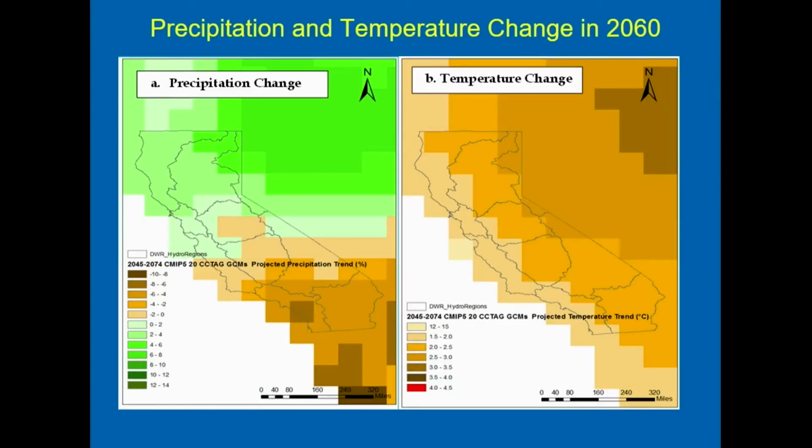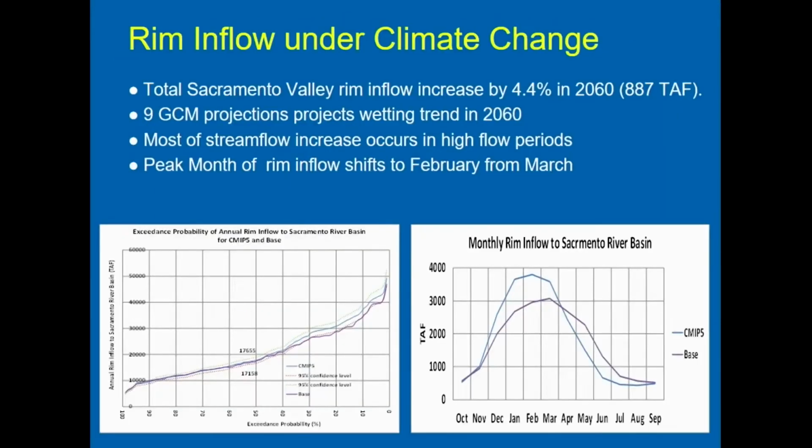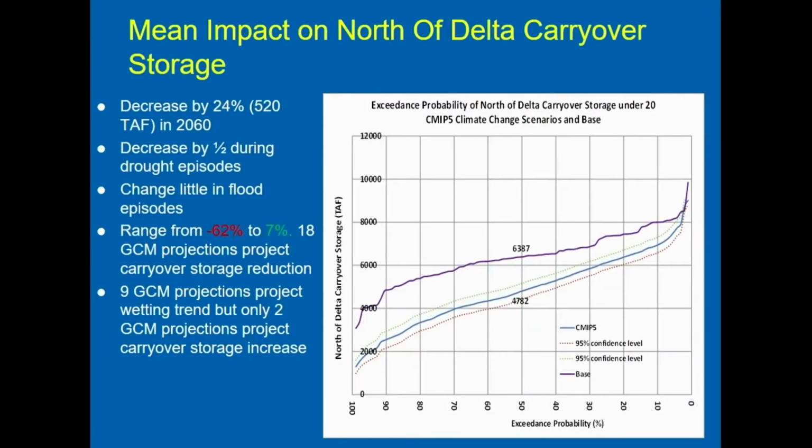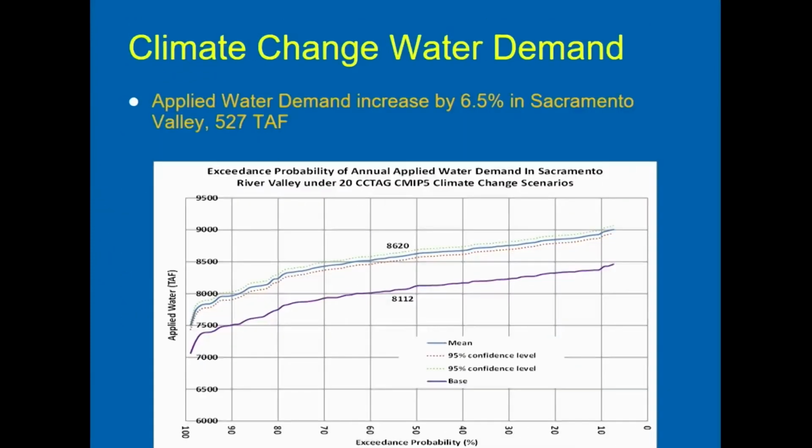For temperature, in the middle of central California, we have 2 degrees and 2.5 degrees warming, and also because northern California is wet in the middle of central as projected by GCM, you can see that rim inflow also increased.